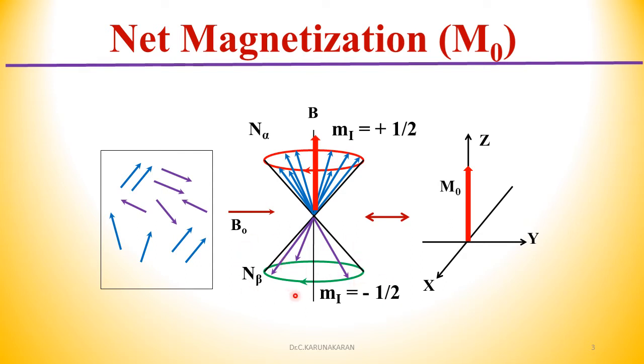The number of spins with ms equal to minus 1/2 is less. The population is higher in the ground state. Therefore, on subtracting, we will get the net magnetization. Overall magnetization is in the Z direction. At equilibrium, the overall net magnetization M naught is in the Z direction.